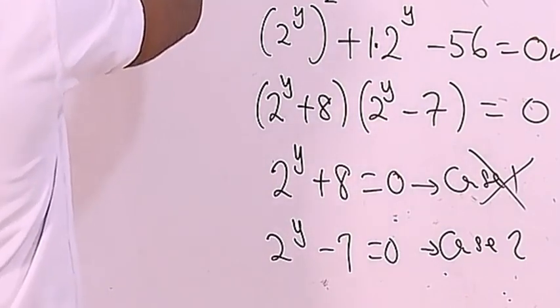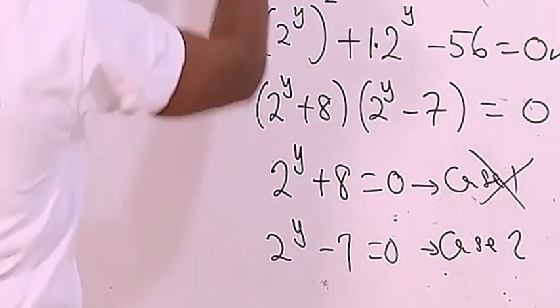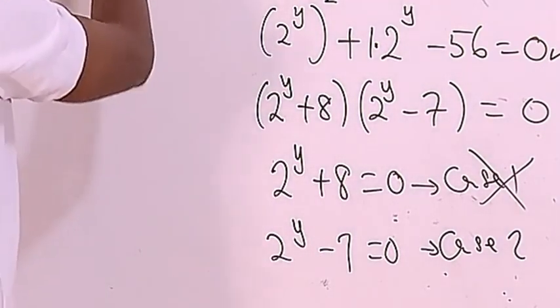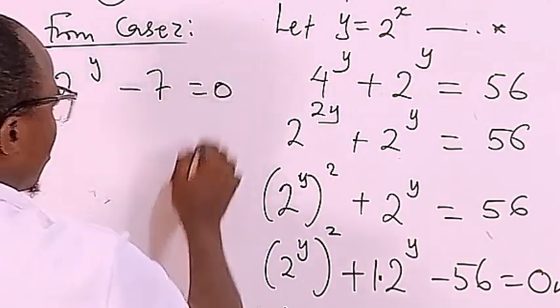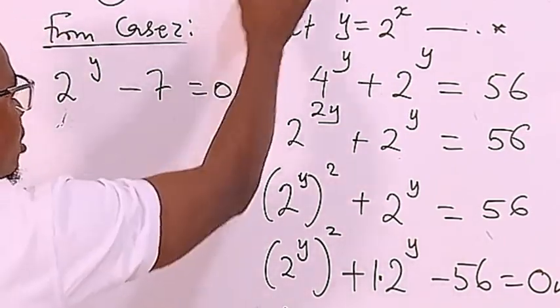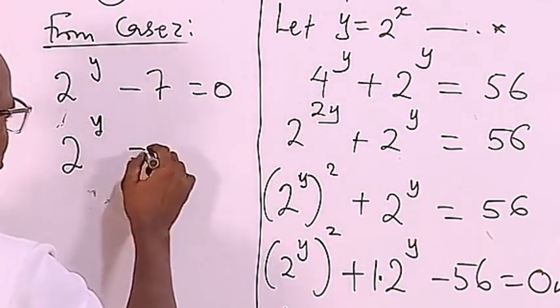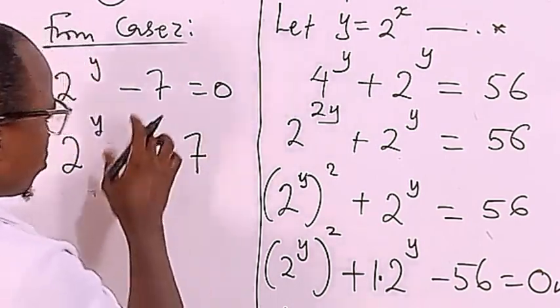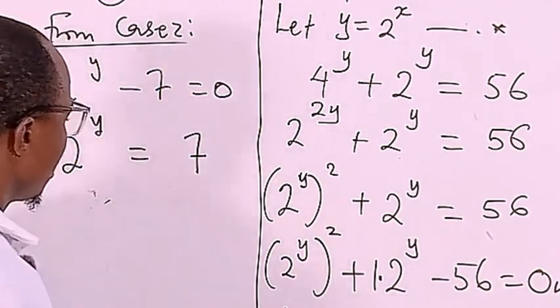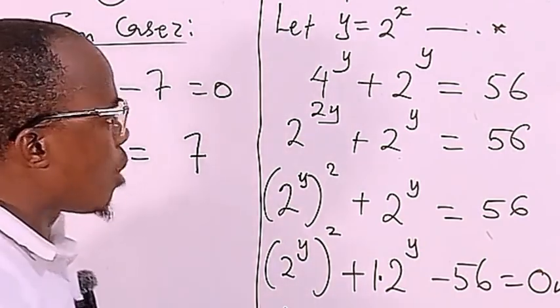From case 2, we have 2 to the power of y minus 7 equals 0. So we can now have 2 to the power of y equals 7, when you transpose 7 to this side. Now we are looking for y.